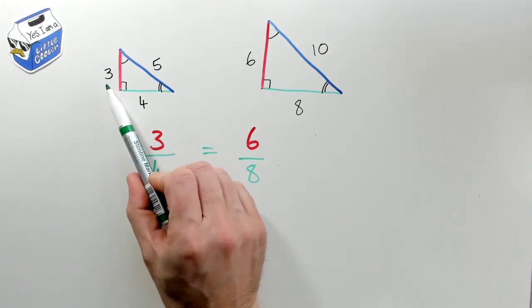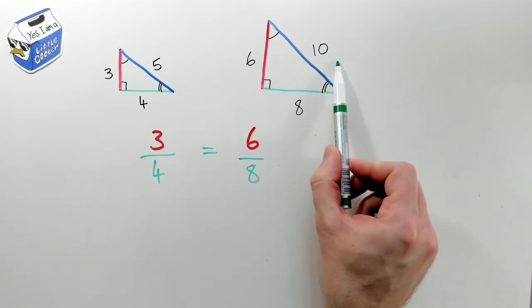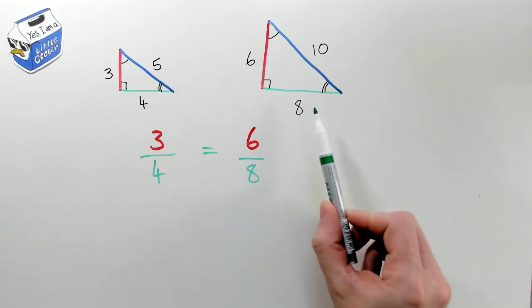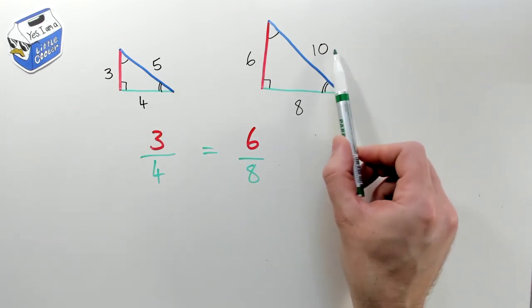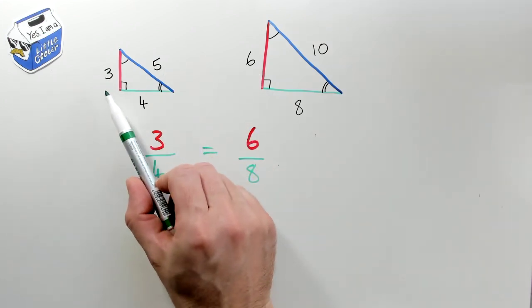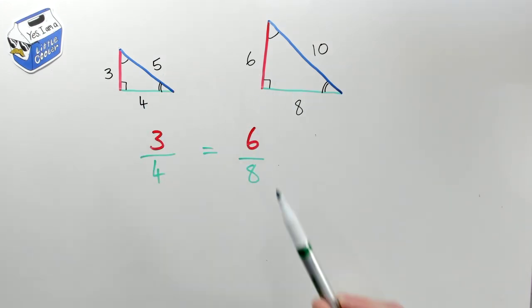And consequently, it's the same for 3 over 5 is the same as 6 over 10, or 4 over 5 is the same as 8 over 10, or 10 over 6 is going to be the same as 5 over 3. So there's a correlation between these ratios.